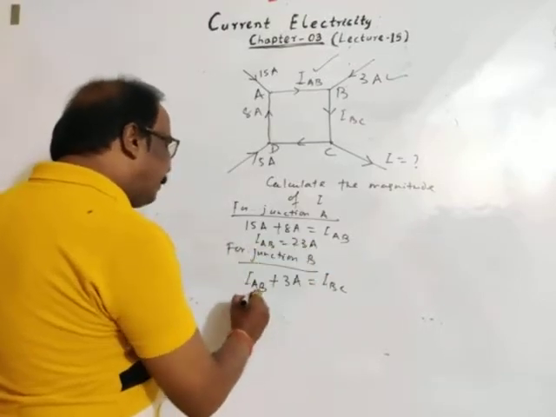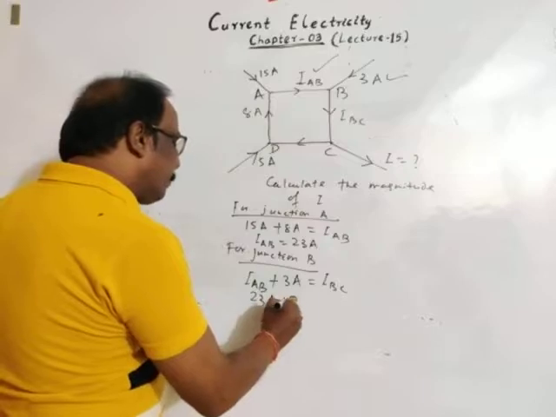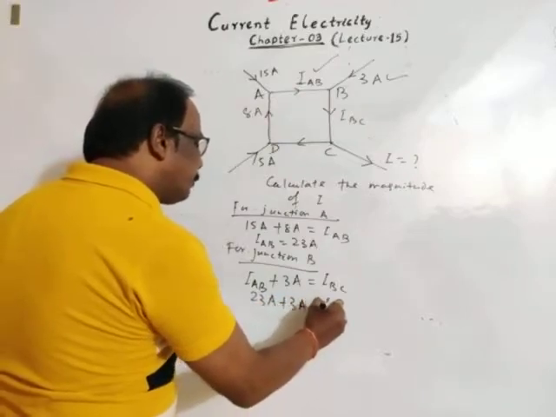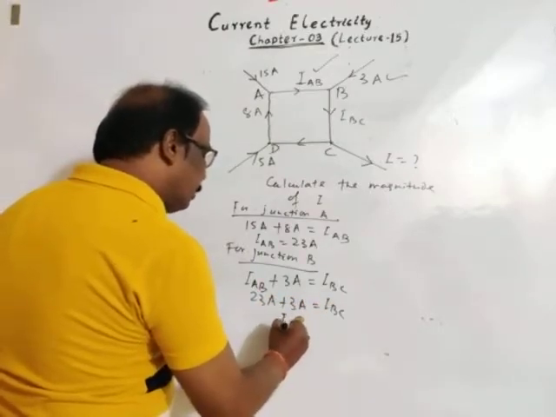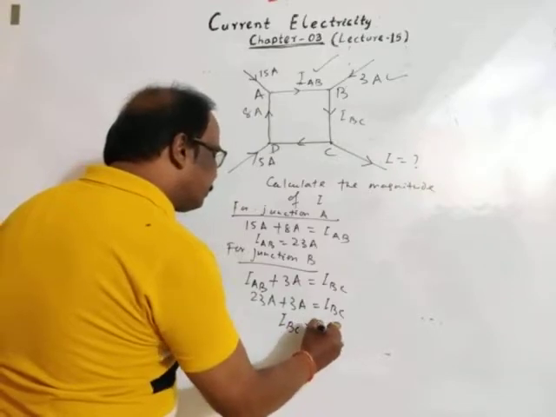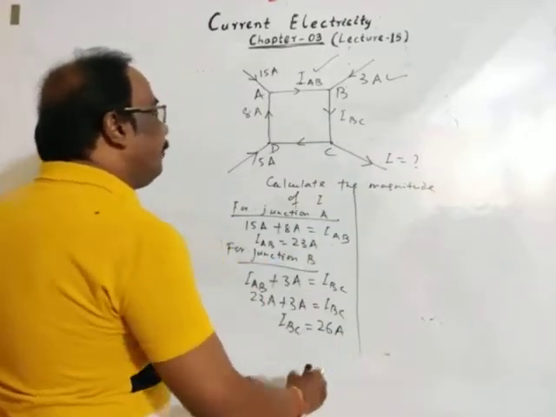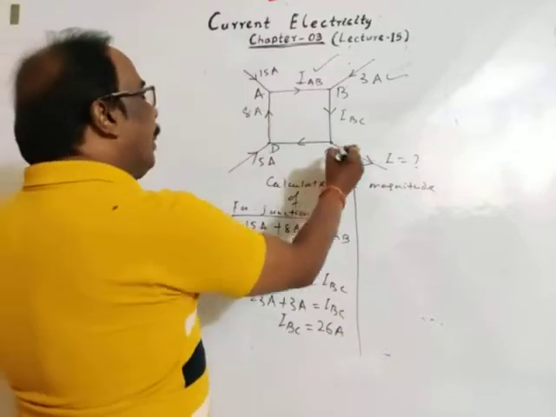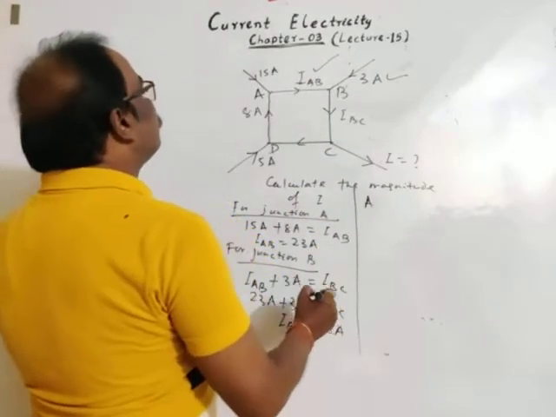So IAB, 23 ampere plus 3 ampere, equals IBC. So the current through branch BC is 26 ampere. Is it clear? Then at junction C.